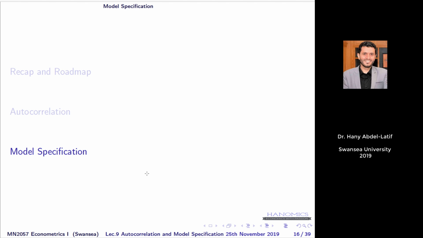Okay, because the main problem with autocorrelation is that our estimation is not the best, our estimation is not BLUE. So we can make it BLUE by correcting the standard errors. And in that case, you have the same coefficients, but different standard errors, which are corrected to take into account the presence of autocorrelation.